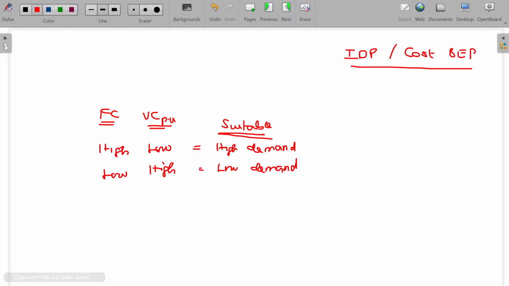Two alternatives may be given, so the difference in fixed cost divided by difference in variable cost will be considered here. Main point. Second point, to decide at what level it is suitable, you can depend on this theory also. Clear?